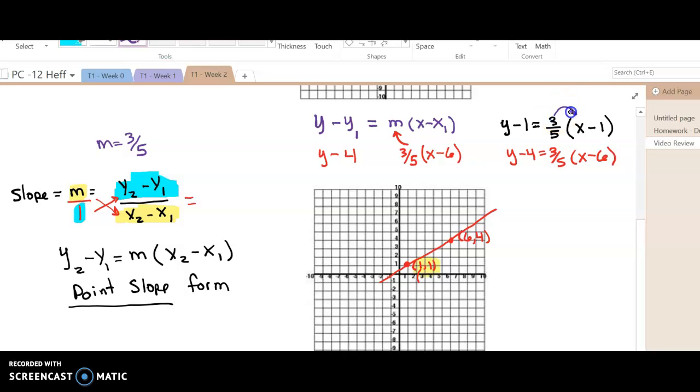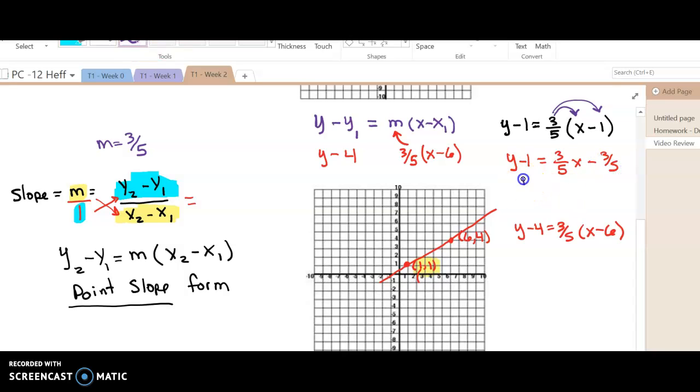If we distribute 3/5 to both terms, when I distribute, I have y minus 1 equals 3/5 x minus 3/5.